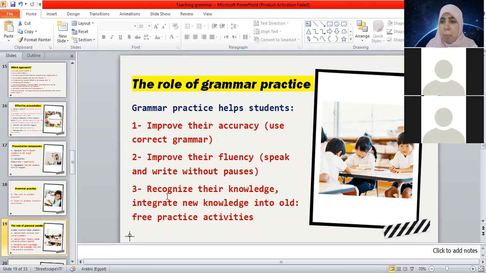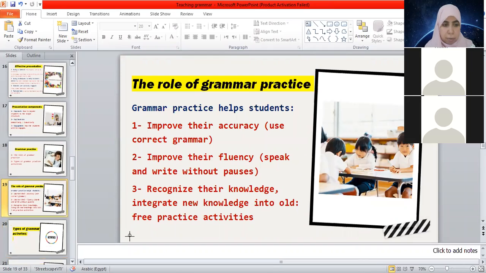Okay, this can be done in the free practice activity. And as you said, to check that they get the explanation, they can understand my explanation, and as Raghda said, they can use the grammar structure they have already learned. Okay, so this is the role of grammar practice activity.